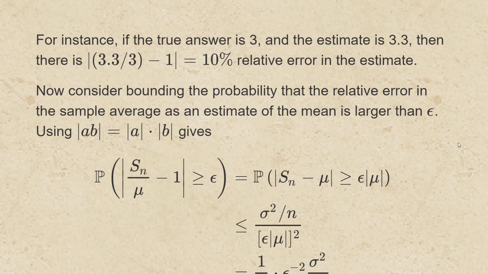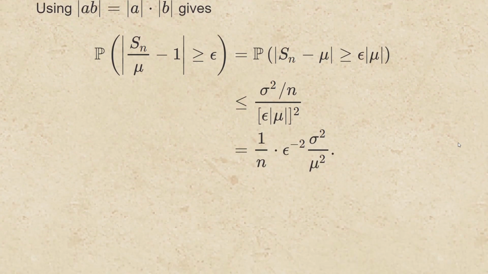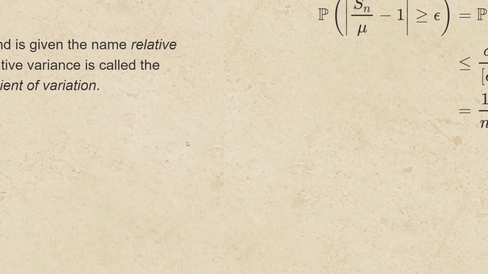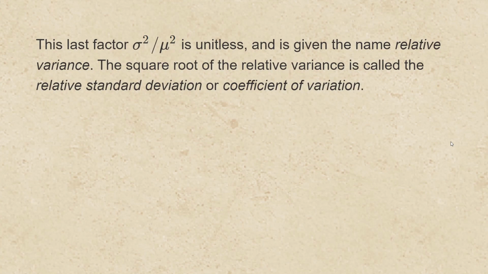That's at most sigma squared over n divided by the quantity epsilon times the absolute value of mu, squared, and simplifying gives us that this is 1 over n times epsilon to the minus 2 power times sigma squared over mu squared. The last factor, sigma squared over mu squared, is unitless and is given the name relative variance.